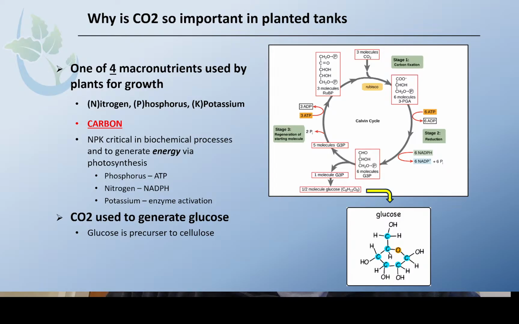So carbon's absolutely critical, and I consider it one of the essential macromolecules in a planted tank. So CO2 itself then generates glucose, which is a single molecule, and then it condenses, or it comes together and forms cellulose, which is a polymer of glucose.